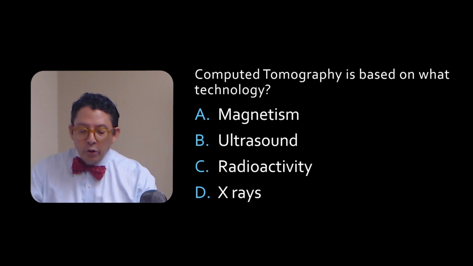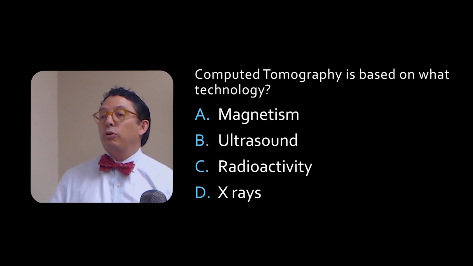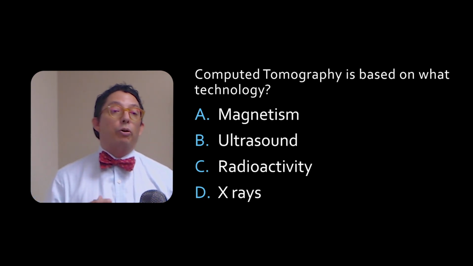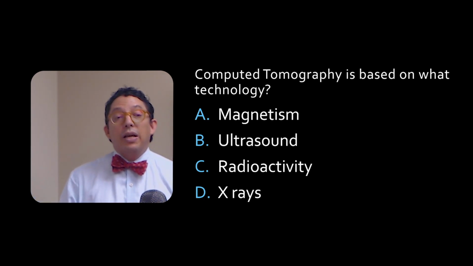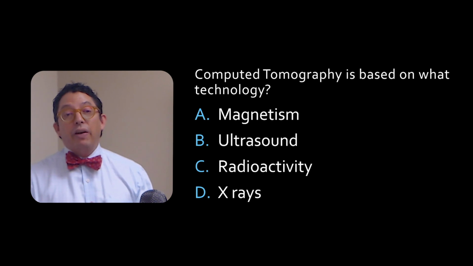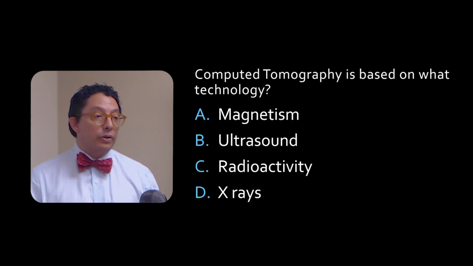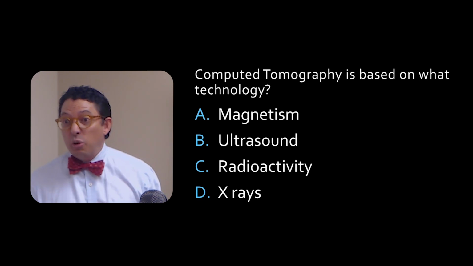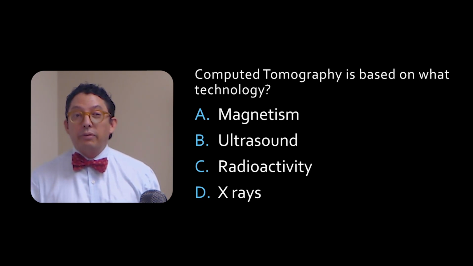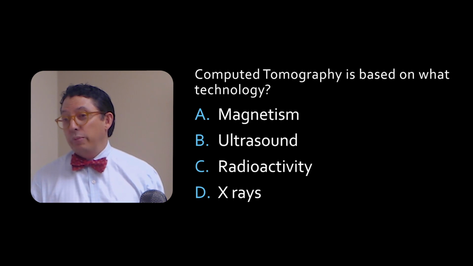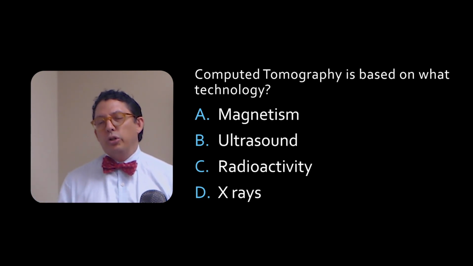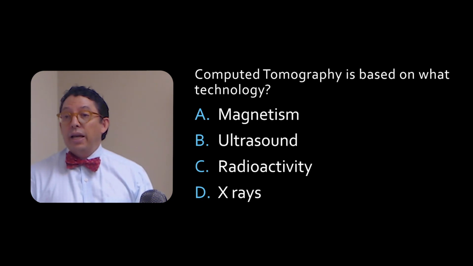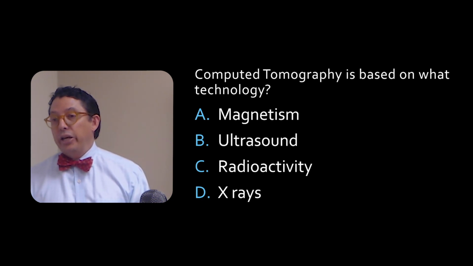Now, computed tomography is based on what technology? I just told you this. And this is going to be very important in your medical practice, because we're going to talk about some of the effects that these photons that are X-rays can have on human genes and human cells, because they can harm them if you get exposed to too many of them. So it's really important to know which of the technologies that you're utilizing use X-rays. And this is what we call ionizing radiation.